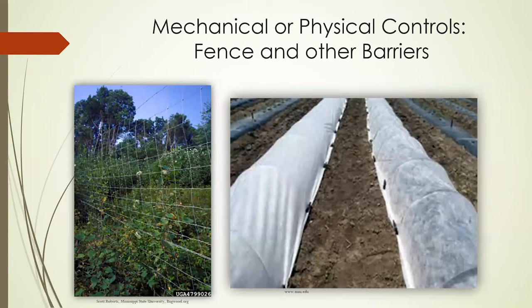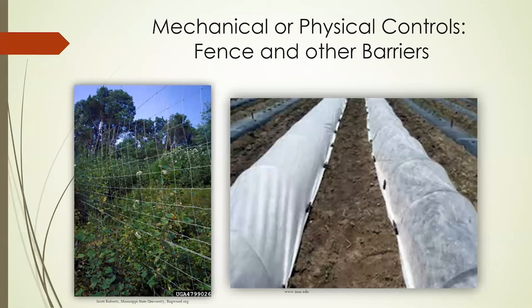So a fence can help prevent the spread of weeds from adjacent properties to yours. There are other barriers that you can use, but they're more useful in homes or parks, some recreational settings, but they're not very practical for rangelands, big pastures, or big cropland expanses.